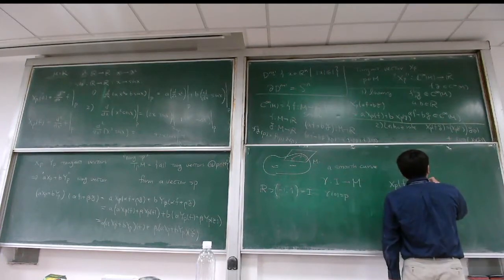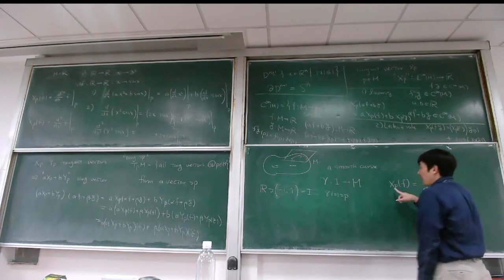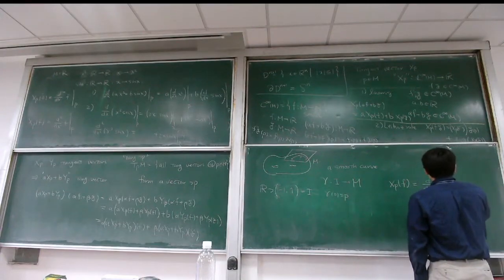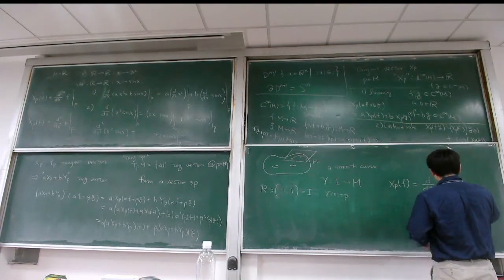So the tangent vector defined by this curve is as follows: d/dt of f of gamma of t.